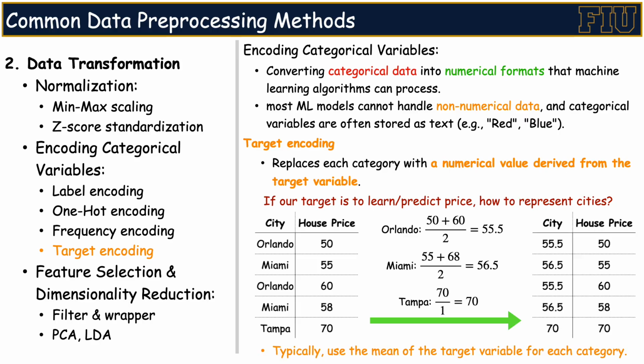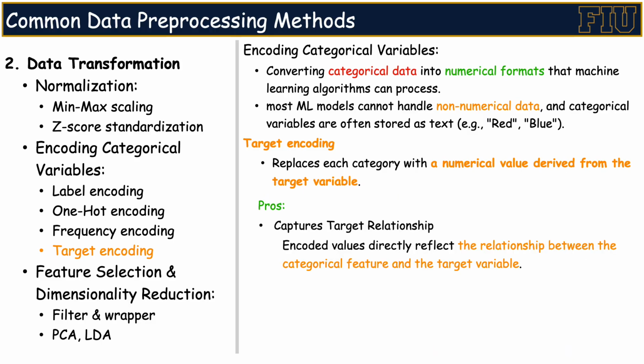We calculate the average house price for each city, then use that average to replace the categorical variable representing the city. The most common metric here is the average value. Sometimes, we might also consider using the mode, which is the value that appears most frequently in the data. This method makes it easier for the model to capture the information we need, and the ordinal relationships among the numerical values are exactly what we're looking for.